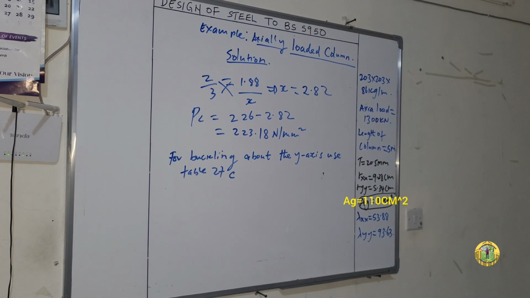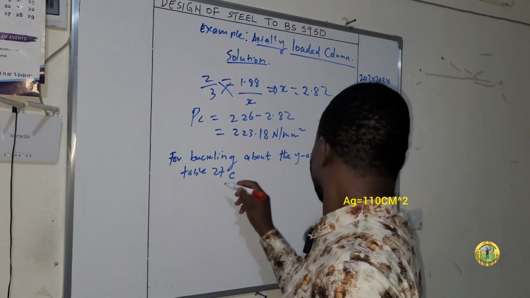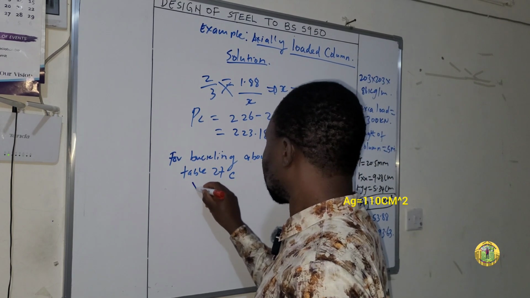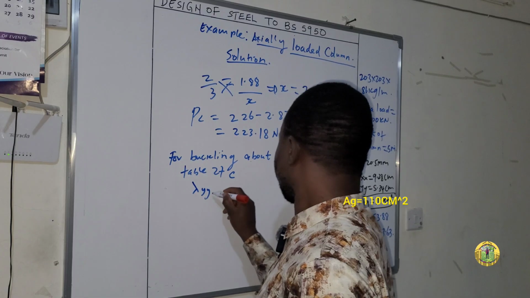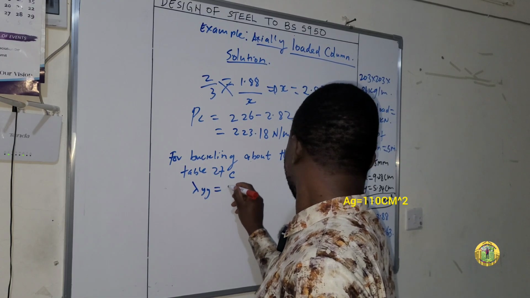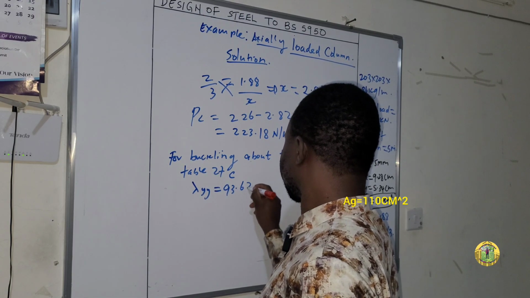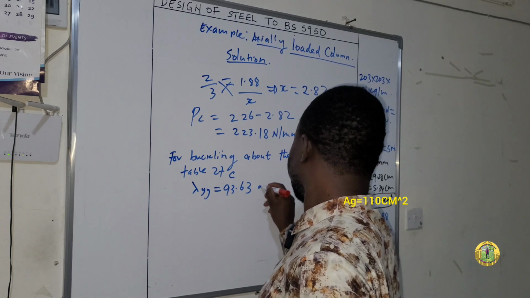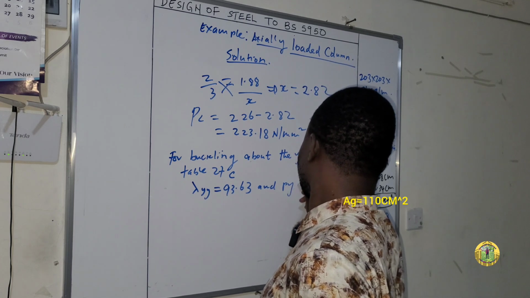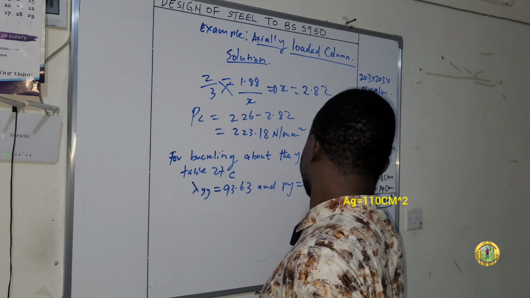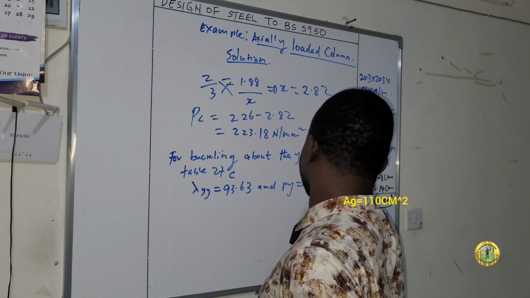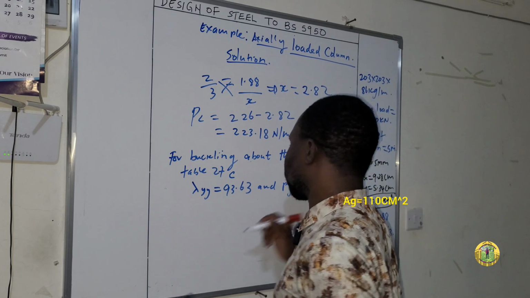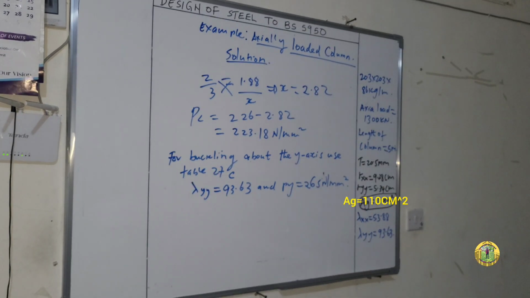Again, for us to enter into this table 27C, we need the slenderness ratio along the y axis, which is 93.63, and py, which is equal to 265 Newton per millimeter square. So let me show you how you obtain these values.